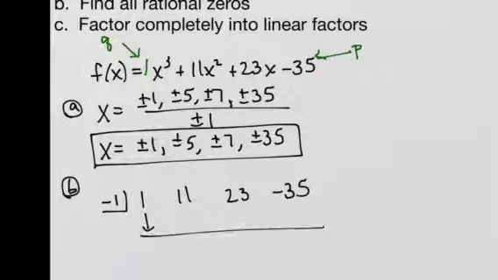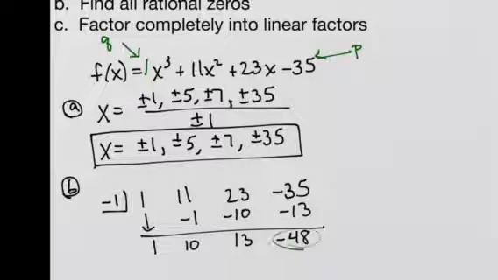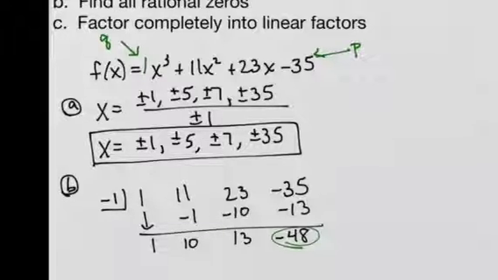Bring down the 1, multiply to get -1. Subtract to get 10, multiply to get -10. Subtract to get 13, multiply to get -13, and then you'll add these to get -48. So our remainder here was not 0, so this is not considered a 0 of the function.